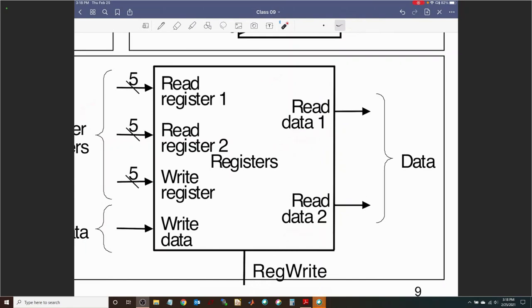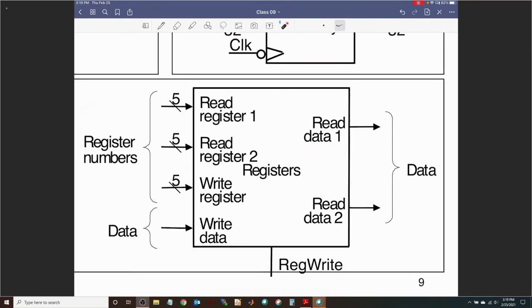We can only do 2 registers reading at any time. And then if you want to write data into a specific register, perhaps you are executing the add instruction. In the add instruction, you are explicitly providing the destination register. So you would need to write something to the destination register. In that case, you would provide the data to be written to that register over here, and you would enable register write.